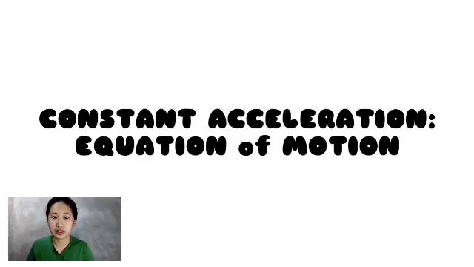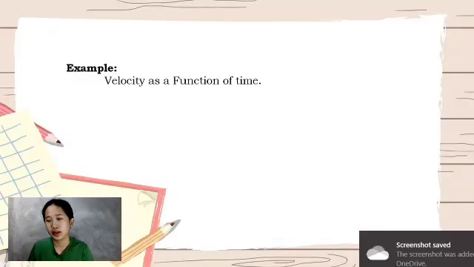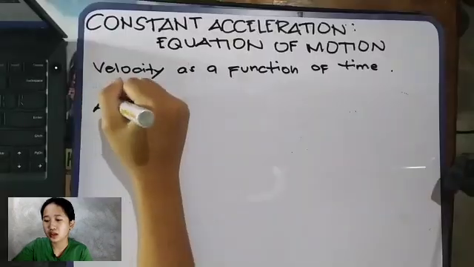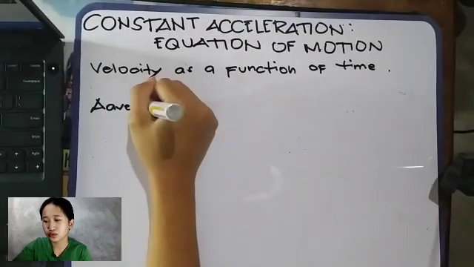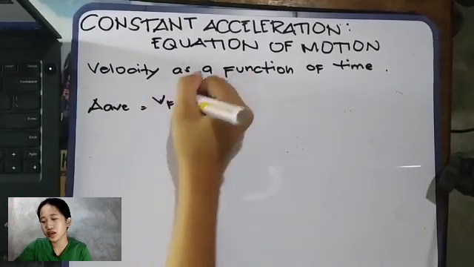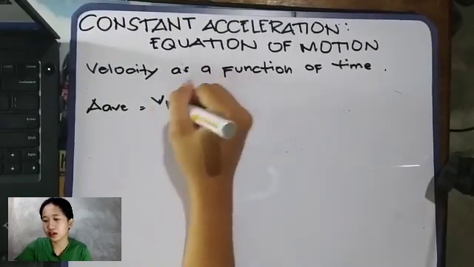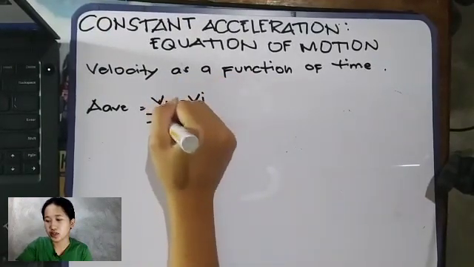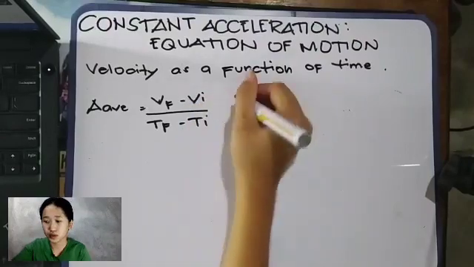So, ang next natin is constant acceleration equations of motion. Then, ang kukunin is velocity as a function of time. Meron tayong formula na average acceleration is equals to V final minus V initial all over T final minus T initial is equals to a.